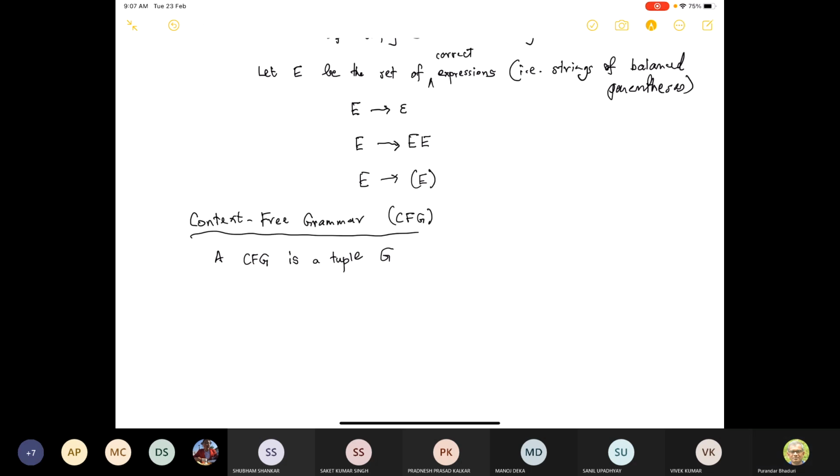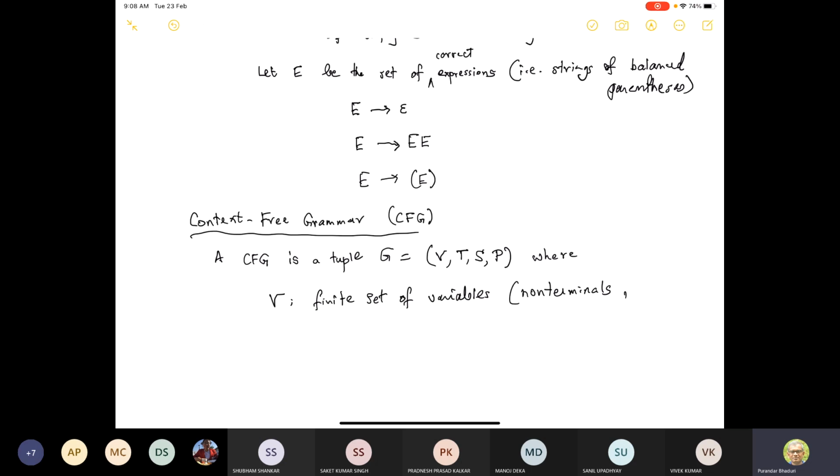It's a four-tuple: V, T, S, and P, where V is a finite set of variables, also called non-terminals or syntactic categories.